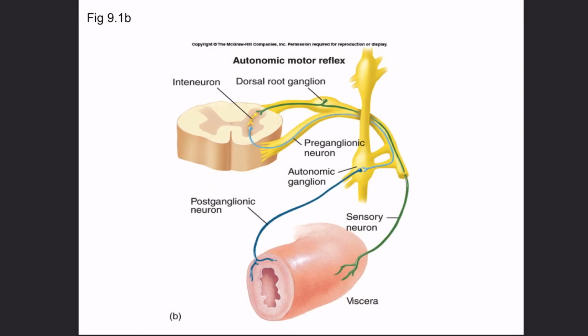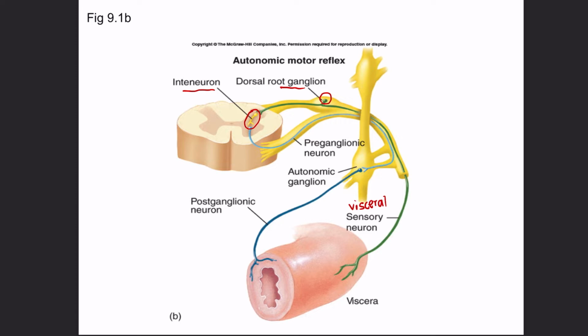So here it shows the whole picture. Here we have a sensory neuron and this is showing a visceral sensory neuron providing information from the gut, for example. The sensory neuron cell body is in our dorsal root ganglion. It's going to innervate an interneuron that's going to process the information.